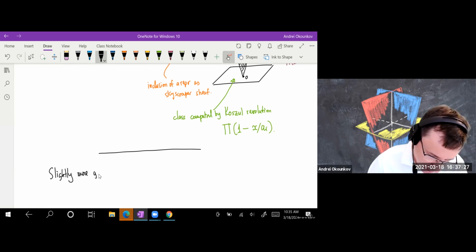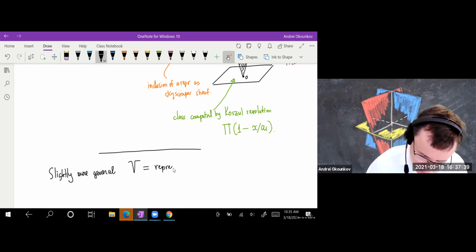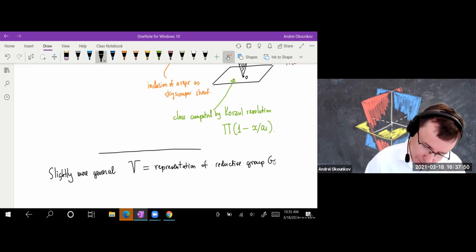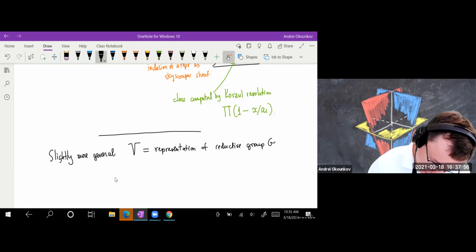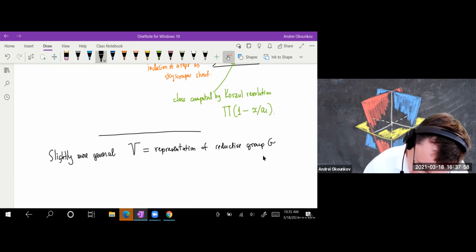You have G, and V, which is a representation of a reductive group G. Then maybe it has some normalizer. So there's a normalizer of G inside GL(V).